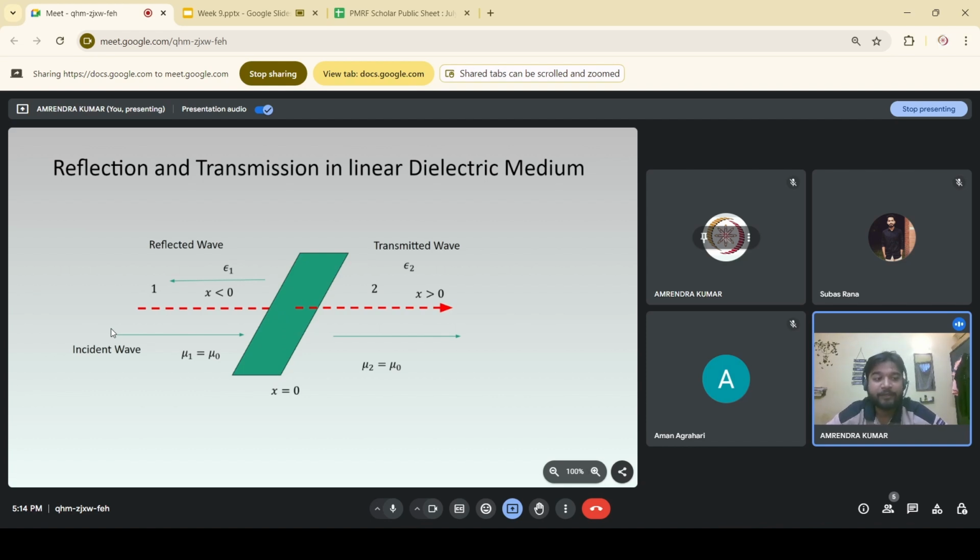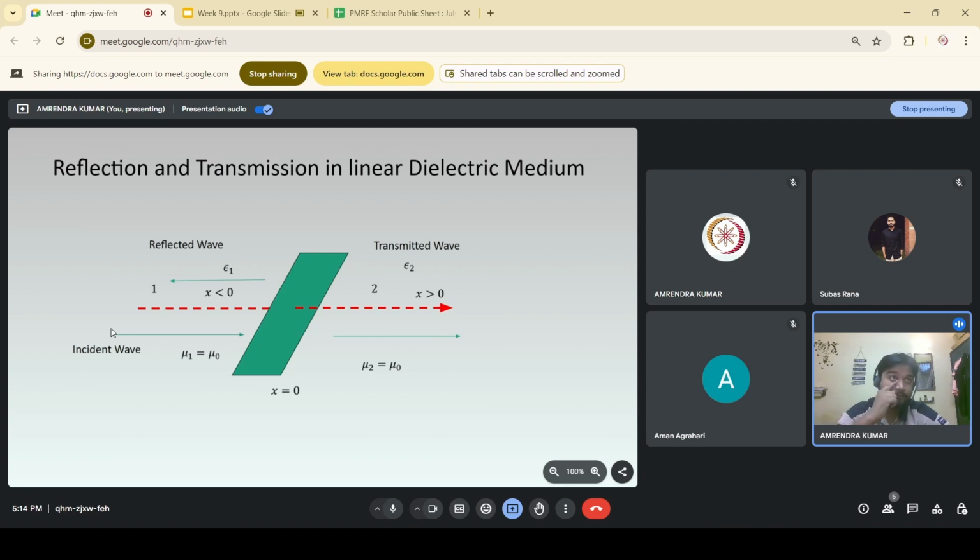It's not that the whole electromagnetic field passes through; some part of it is reflected and some part is transmitted.